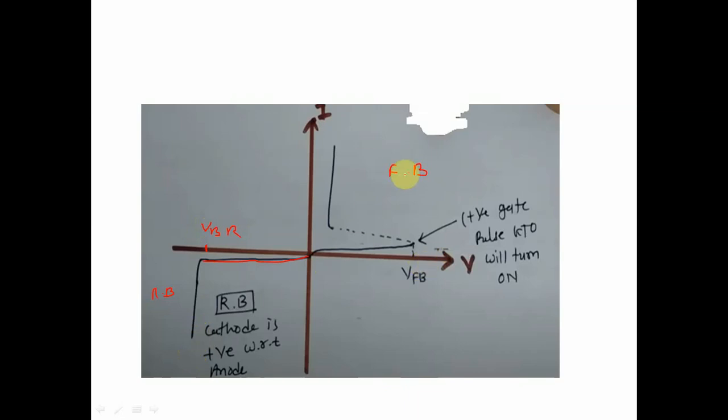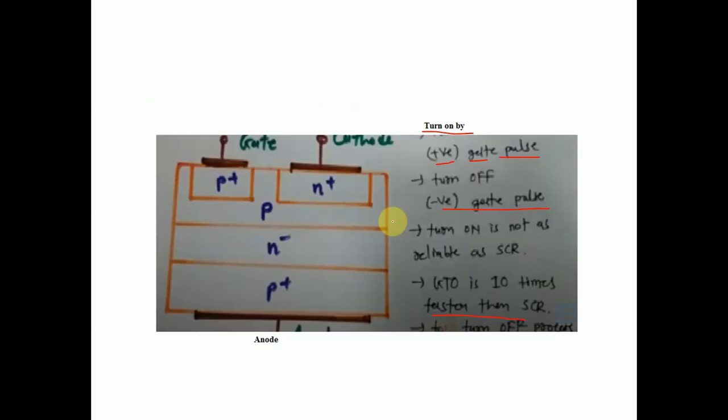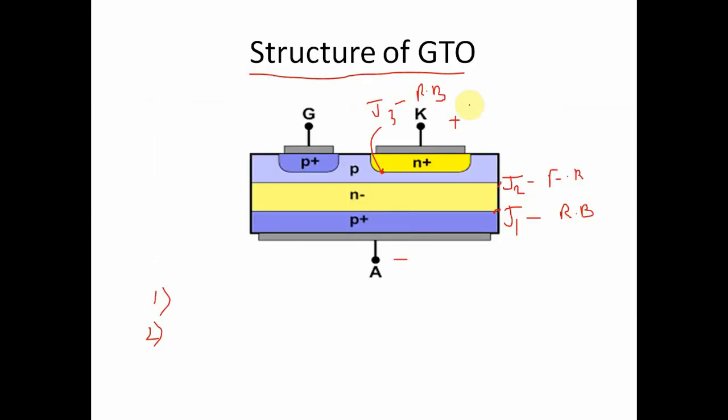Now we will see the forward characteristics of GTO. Forward characteristics means the cathode terminal is negative with respect to the anode. Here the positive terminal of the battery is connected to the anode and the negative terminal of the battery is connected to the cathode.